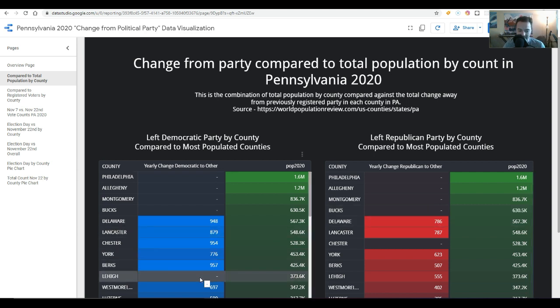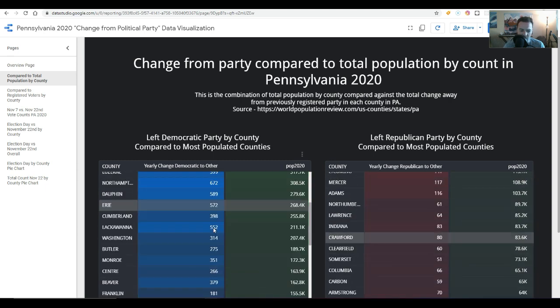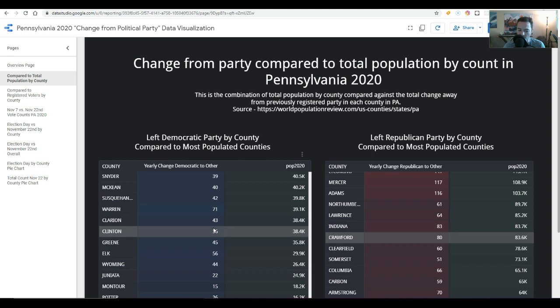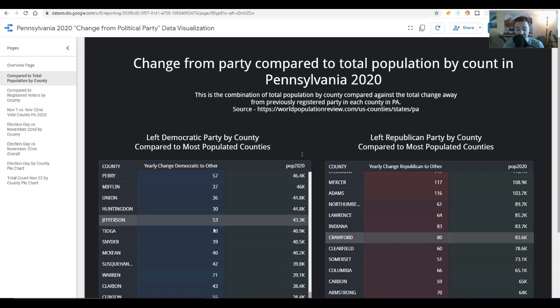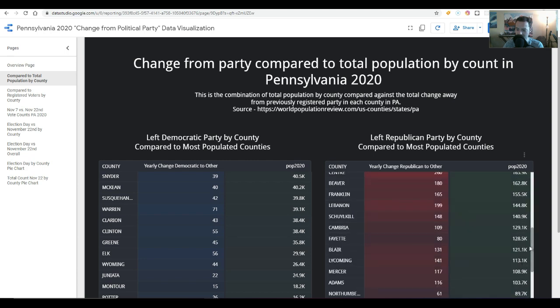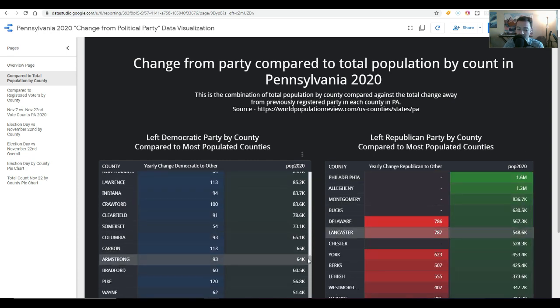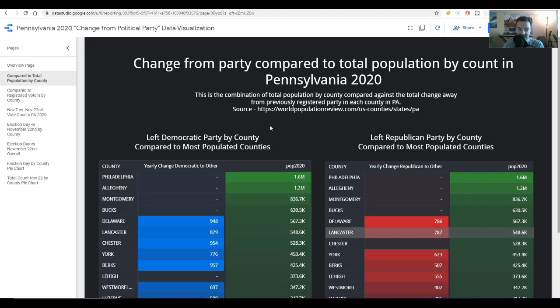There's also gaps in Lehigh County, Chester County, and if I go down, I don't think there's any more gaps, but all of these smaller counties were able to report, but for some reason the most populous counties are not in this data set. I don't know if that's because they don't report or they're just not included in this data set.